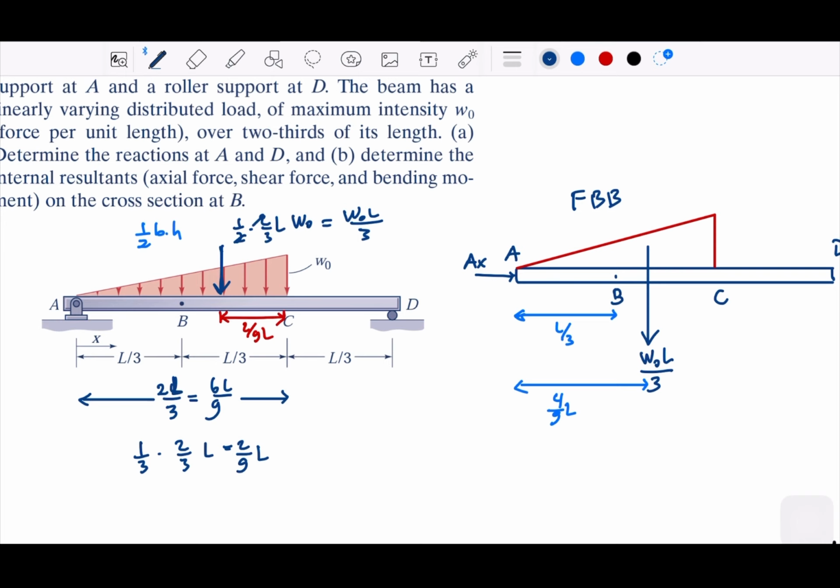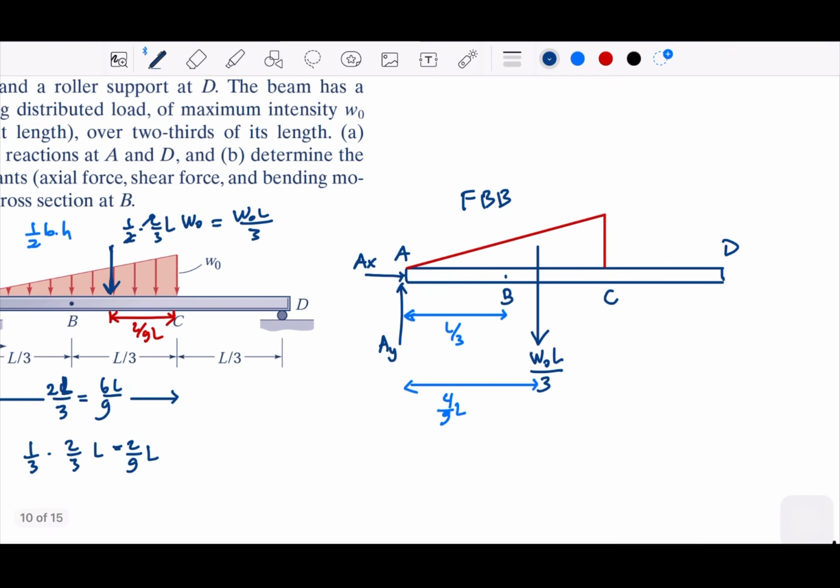We can write AY right there. And there will be no DX, just having the DY because it's a roller. And then what else do we need?